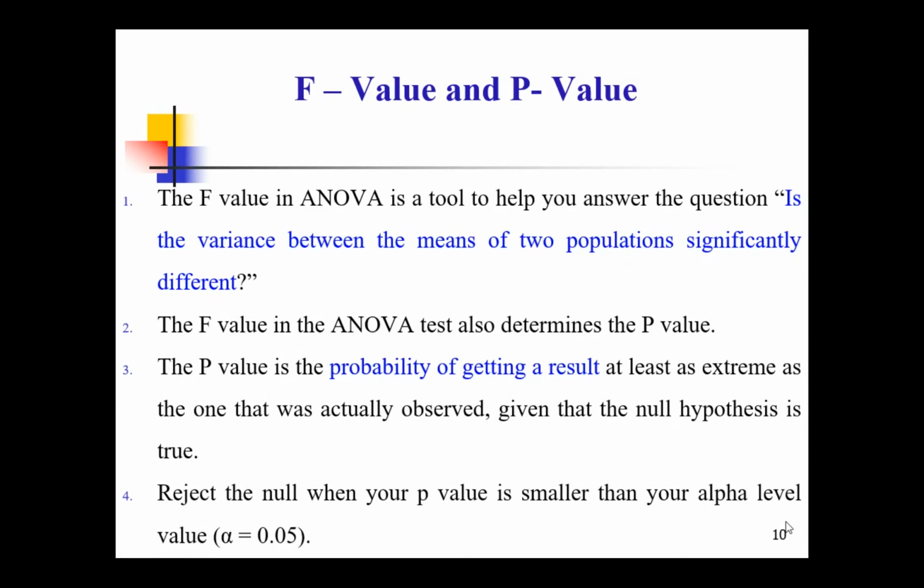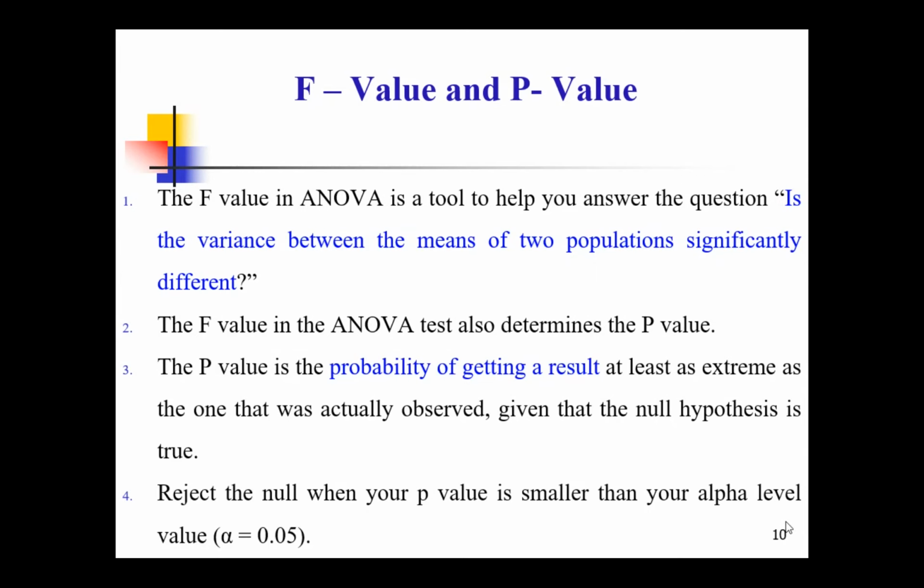So reject the null hypothesis when the P value is smaller than your alpha value. We have to check both the F value as well as the P value, but we have to reject the null hypothesis when the P value is less than the alpha value.